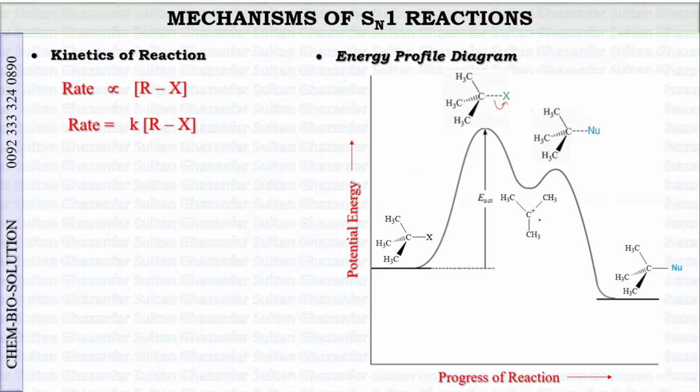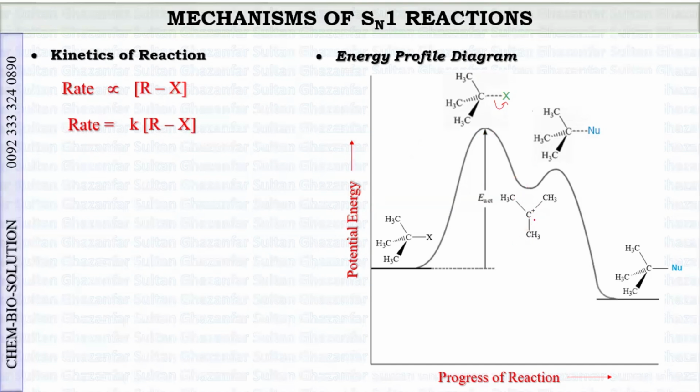And again, I will emphasize here that it is the sp2 carbon, so it is a trigonal planar structure, so the nucleophile can attack from both the sides. And one more thing, that this carbocation is an intermediate. What is an intermediate?